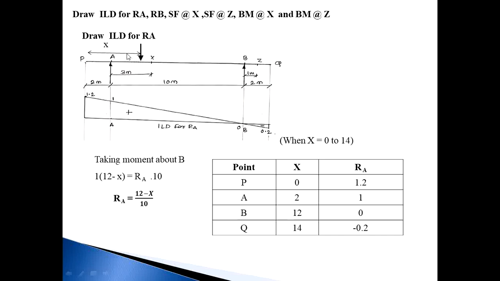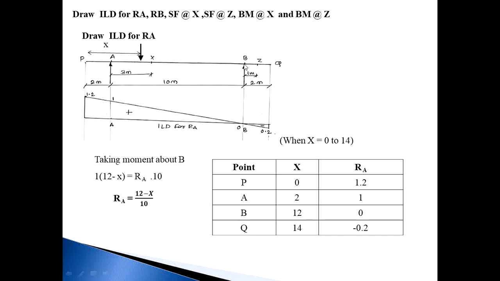Then next, this X moves from point A to B. Now this PB distance is 10 plus 2, that is 12 meters. So 12 minus 12, 0 divided by 10, 0. So when the load is at point B, X becomes 12 and RA becomes 0.